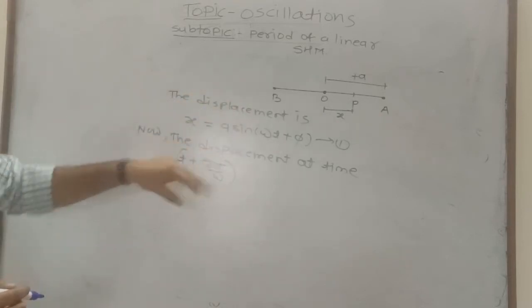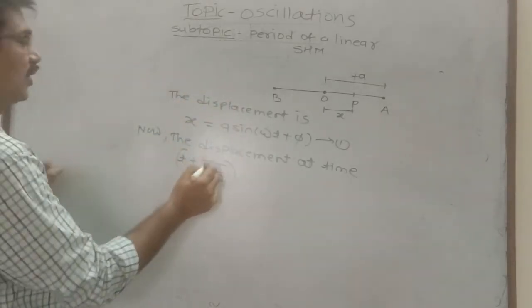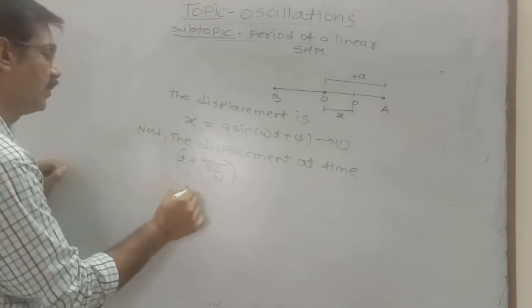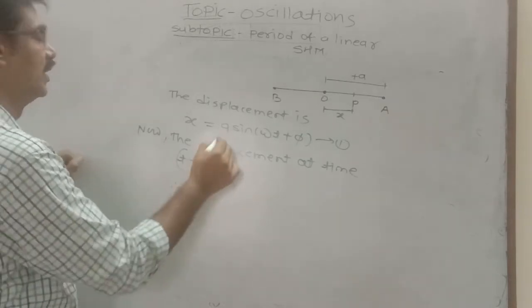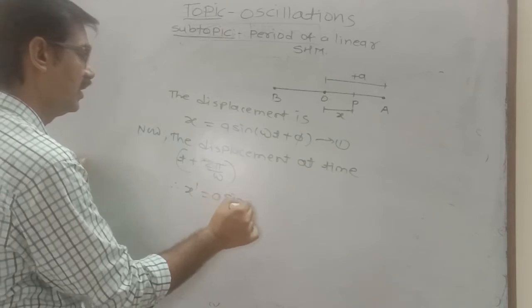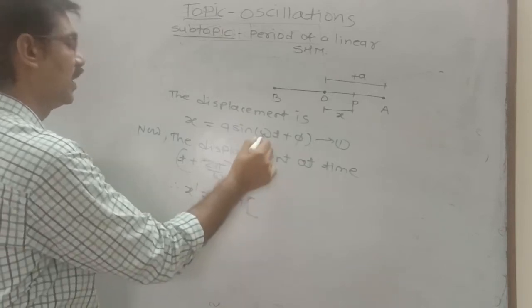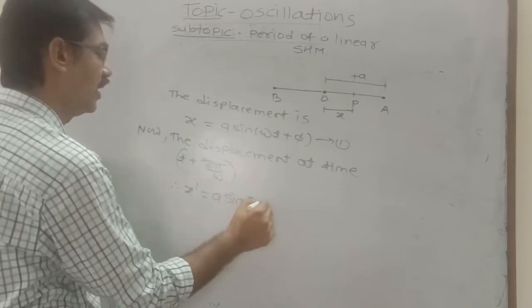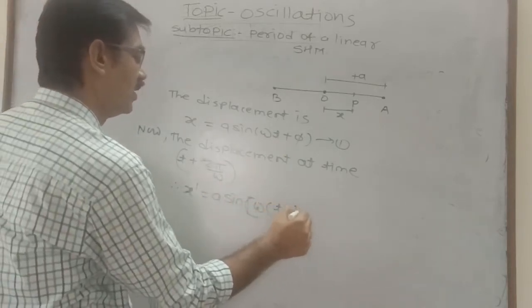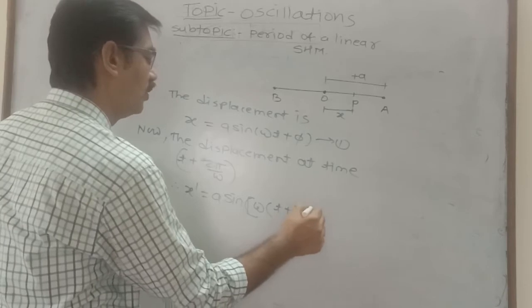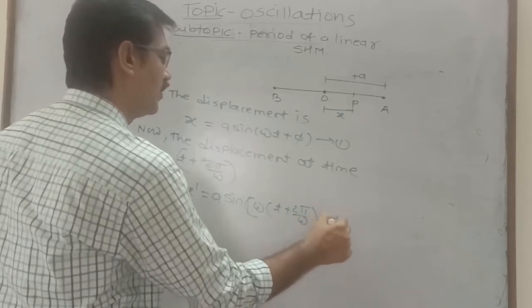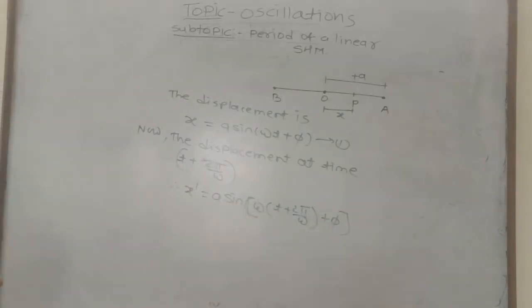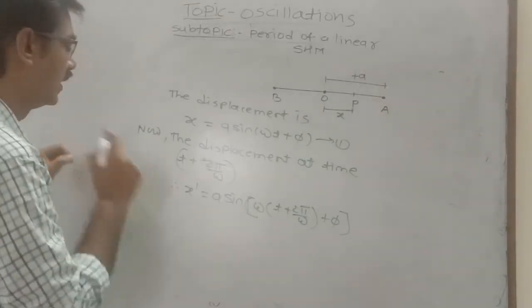The displacement of the particle at time t + 2π/ω is given by x' = a sin(ω(t + 2π/ω) + φ), where we replace the time t by t + 2π/ω, plus initial phase φ.